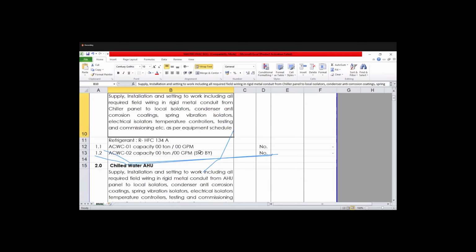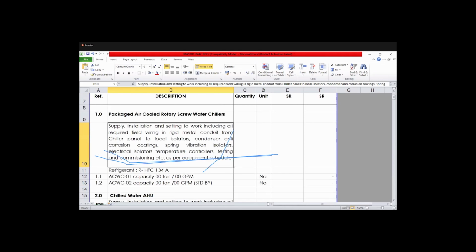Local isolators, condenser anti-corrosion coating, spring vibration isolator, electric isolator, temperature controller, testing and commissioning, etc. So here the testing and commissioning part is also included as per the requirement schedule.